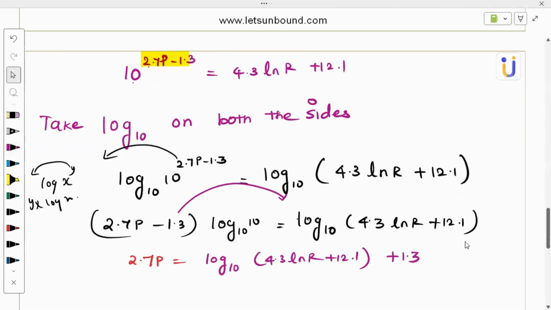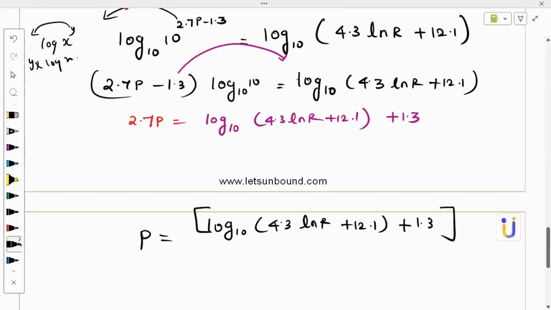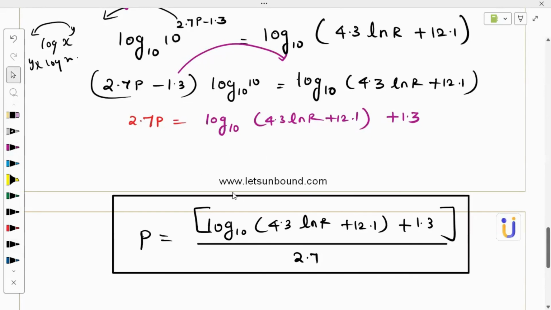If you want to express P, P is equal to [log 10 (4.3 ln R plus 12.1) plus 1.3] divided by 2.7. The parentheses and the usage of brackets should be clear. So this completes the solution.